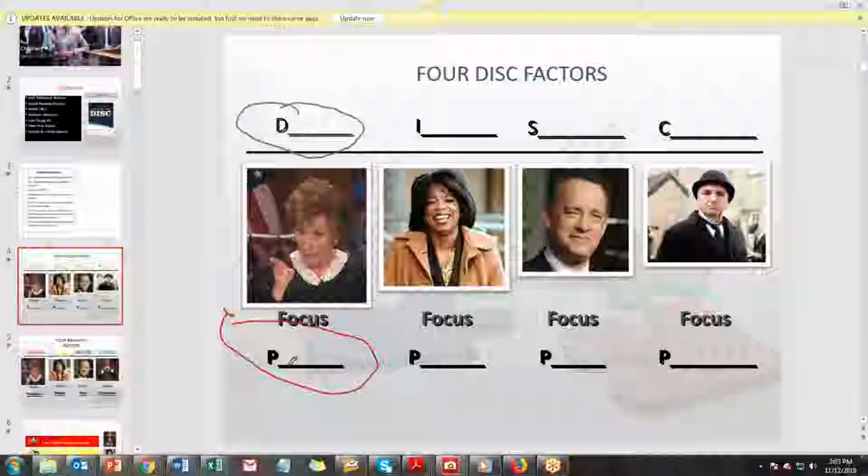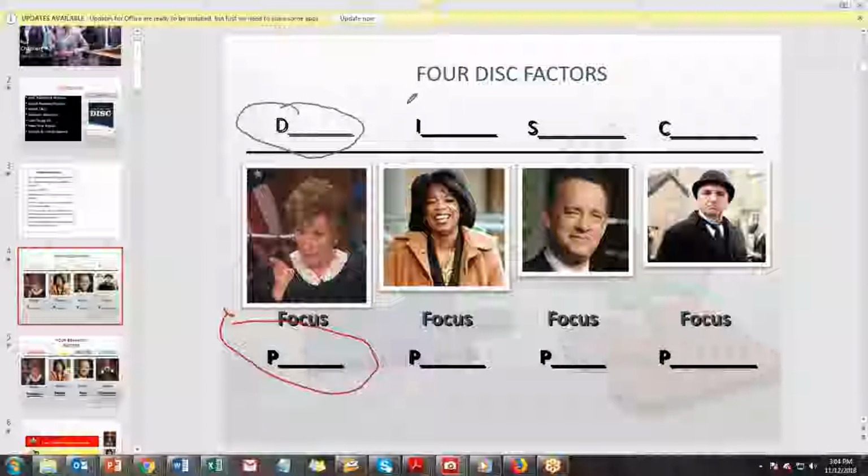How about Kristen? Do you know the answer? I don't remember the P's, but I do remember all of the top ones. All right, I'll make it easy. It's problems. D people focus on problems.